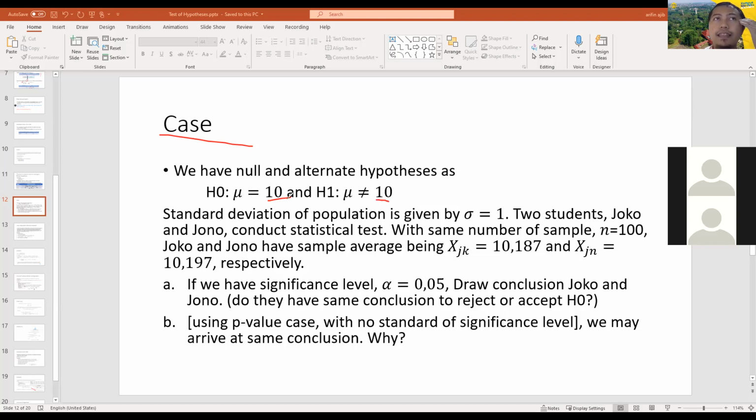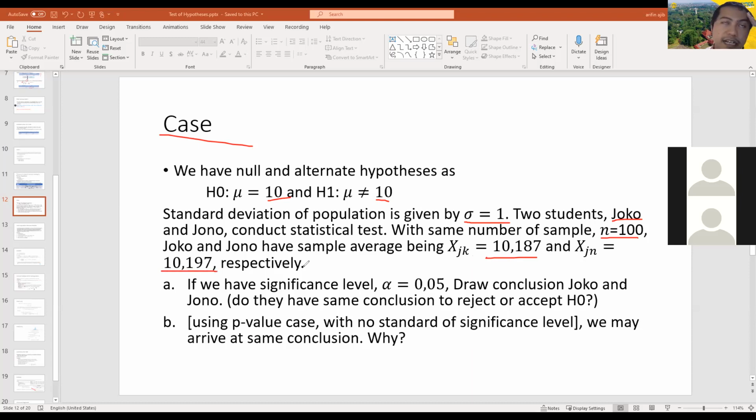The population standard deviation sigma is given as 1, and two students, Joko and Jono, conduct statistical tests with the same sample size of 100. These are the sample average of Joko and the sample average of Jono.